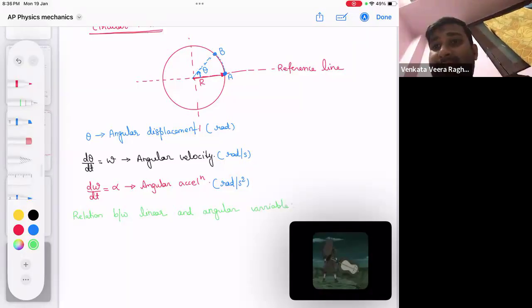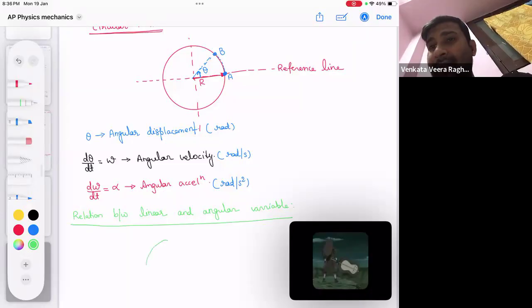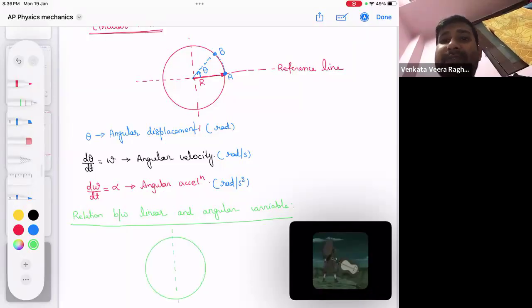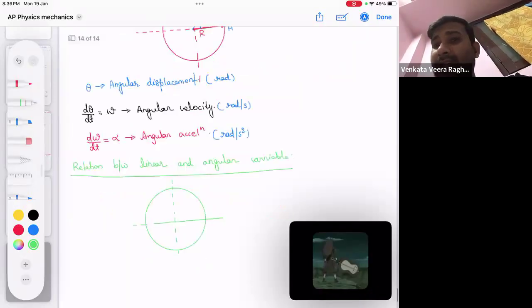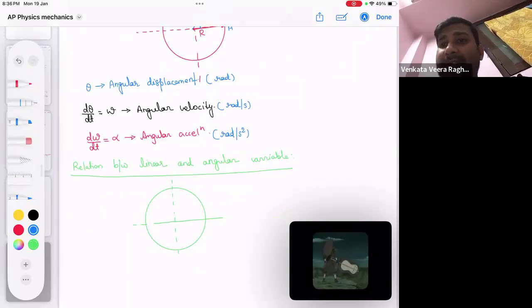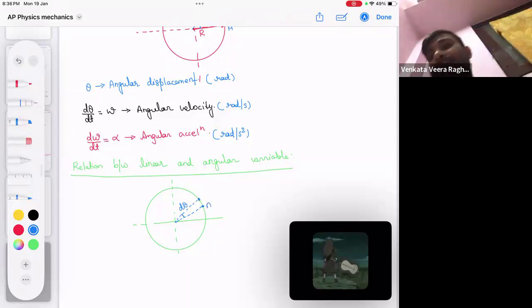It means when the particle is moving on a circular path, then we have defined some variables called the angular variable, right? And the particle is actually moving along the tangent, isn't it? So let's say here initially the particle is here, and after some time it has covered some d theta distance, from A to A dash.